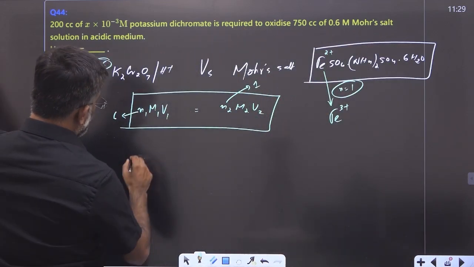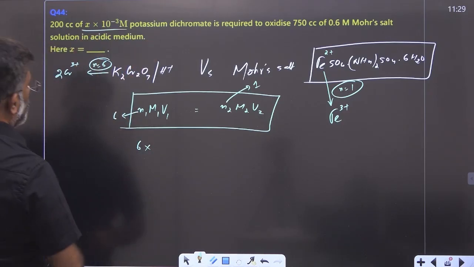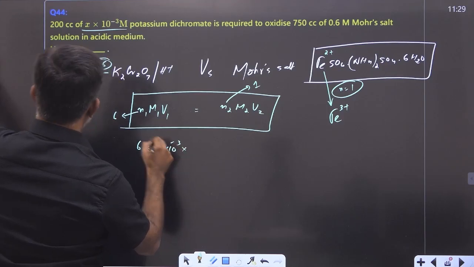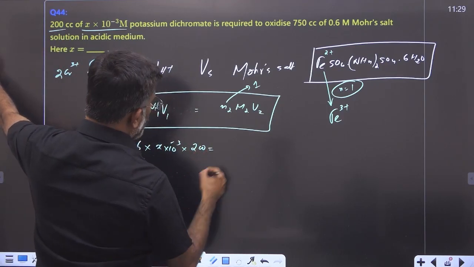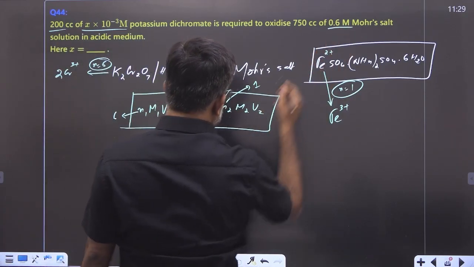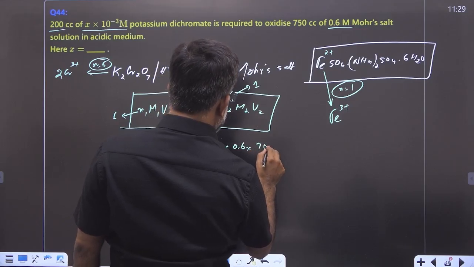That's it. 6 into molarity X into 10 power minus 3, into volume 200, equal to 1 into molarity 0.6, into volume 750.